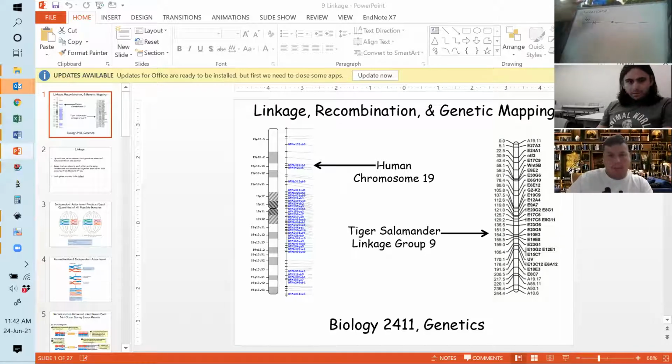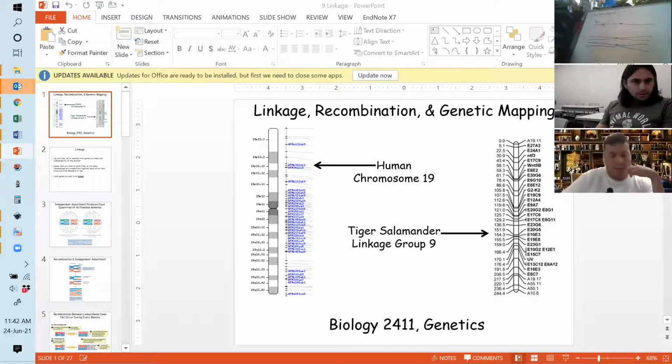Right, so if you have your homologous pair, like so, give or take.